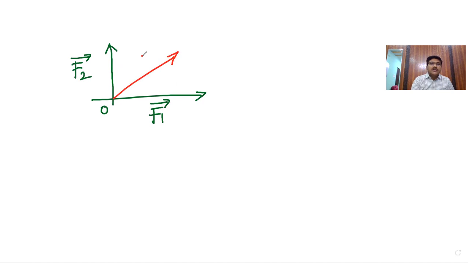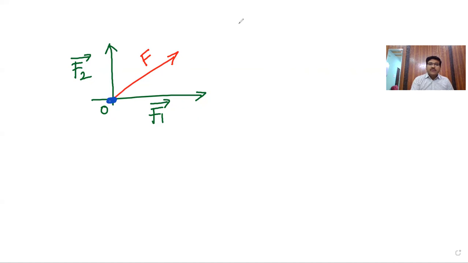The resultant is the force F acting. This is a point where the two forces F1 bar and F2 bar are simultaneously acting. What will be the resultant? That was his question. Clear?